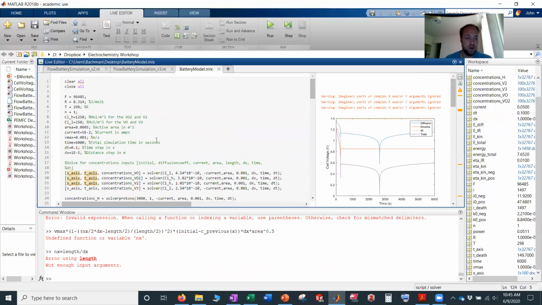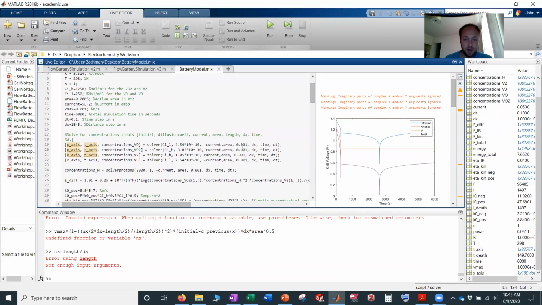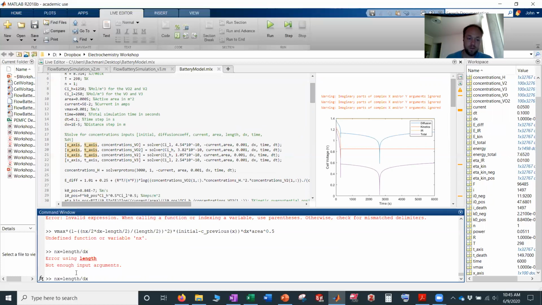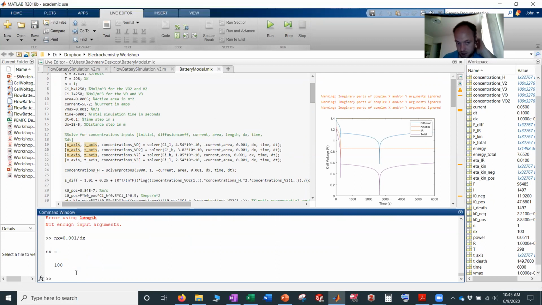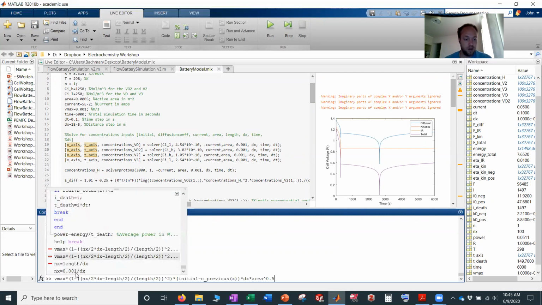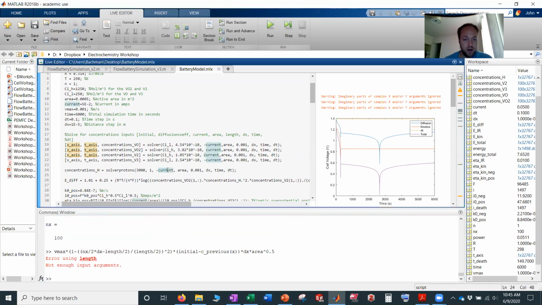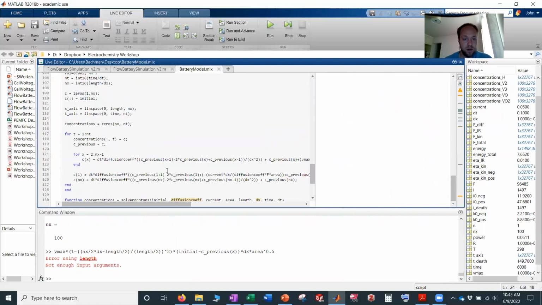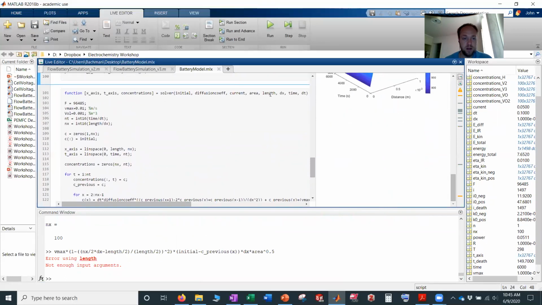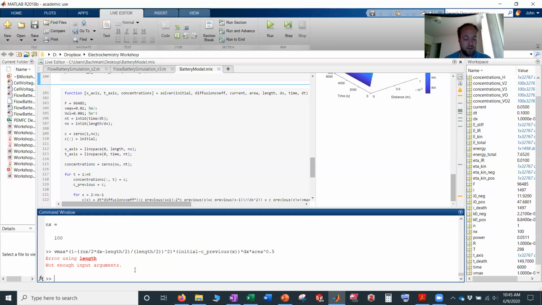It's 0.001, so our nx is 100. Let's see here. Is it feeding in a length? It should be feeding in a length. Yeah, it's got length. Length equals 0.001.